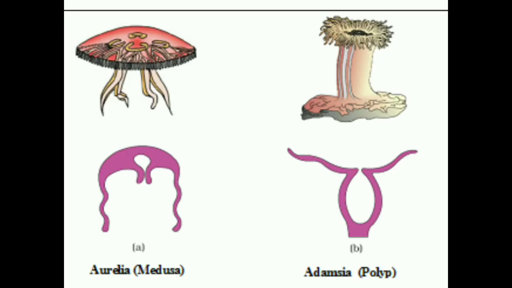See here two forms of animal. One form is umbrella shaped and another form is tubular. The umbrella shape is called medusa form and the tubular structure is called polyp form. Medusa form shows presence of mouth towards the ventral side, whereas polyp form shows presence of mouth towards the dorsal side.